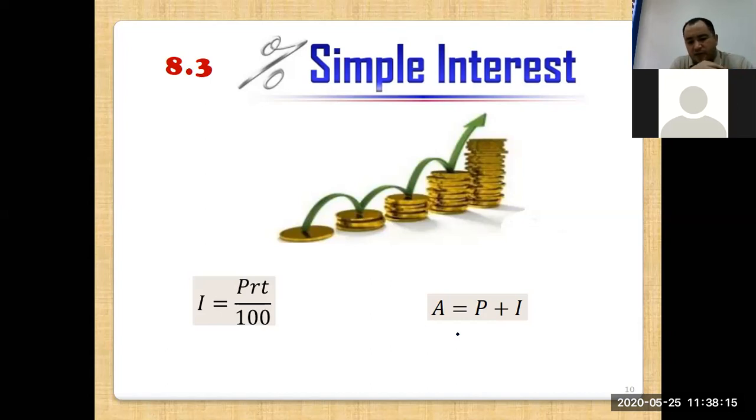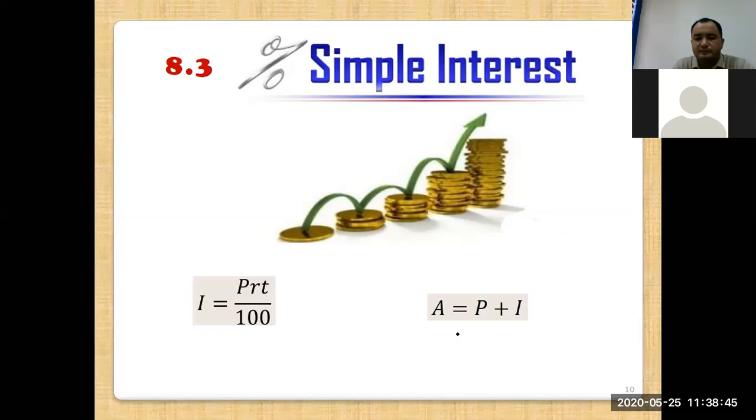When we talk about interest, there are 3 different interests. Number 1 is simple interest. Number 2 is compound interest. And the third one is continuous interest. Continuous interest we will see when we study logarithms, because when we talk about continuous interest, we are going to use exponentials, and we need some idea about the special number e.